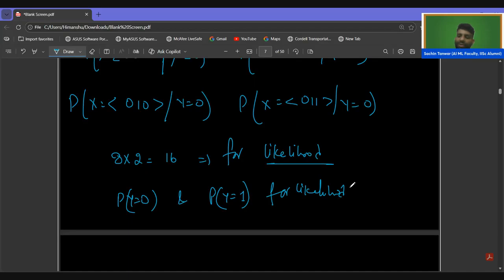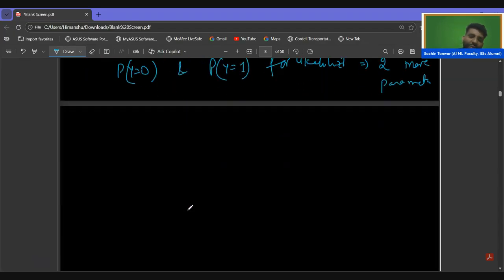I hope you can see the total number of parameters. 2 more parameters or probability values are required, because if I have these, then only will I be able to calculate my posterior values. So all in all, 16 plus 2, 18. This is the total number of parameters I would require in this case.